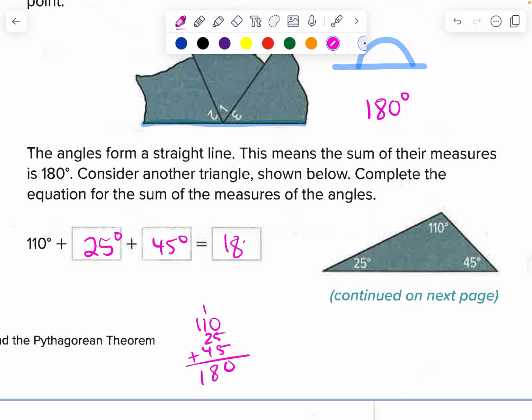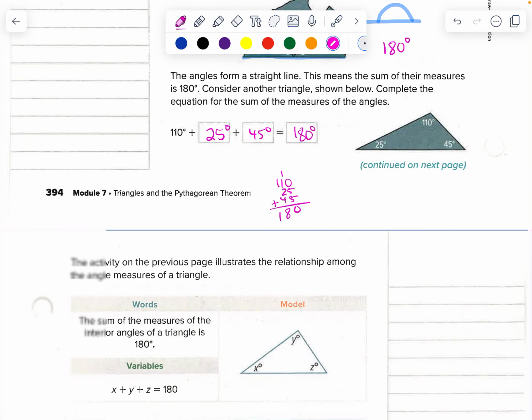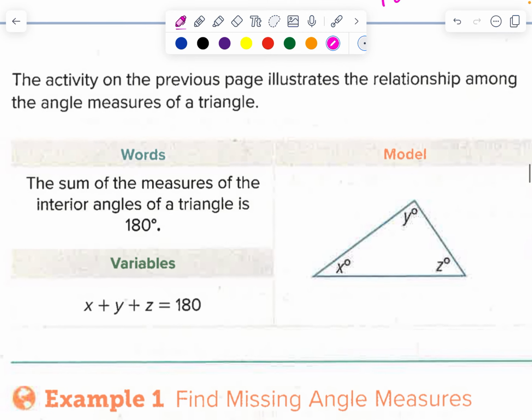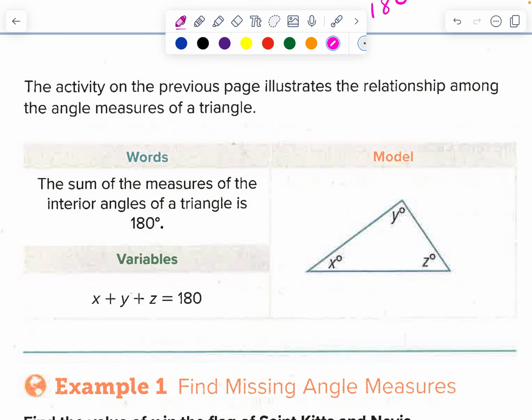It becomes 180 degrees. So here it is right here. The sum of the measure of the interior angles of a triangle is 180 degrees. So what it's saying is the 3 angles inside, when you add them up, you will get 180 degrees.